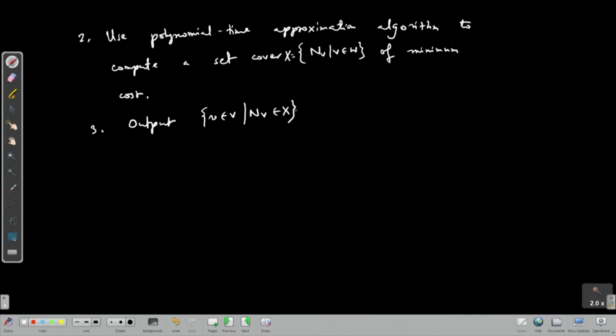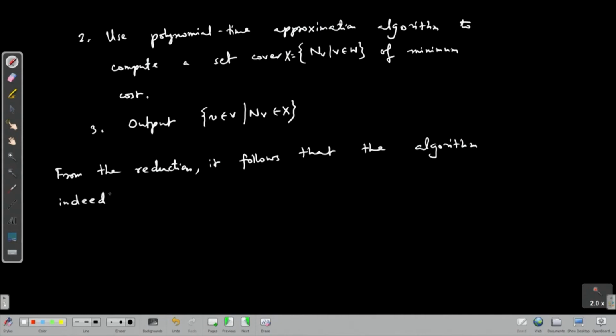So from the equivalence, from the reduction, it follows that the algorithm indeed outputs a vertex cover.